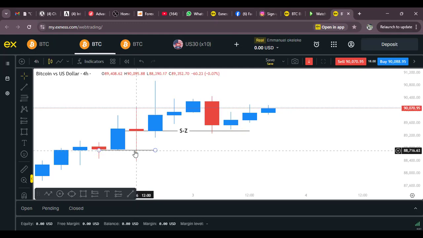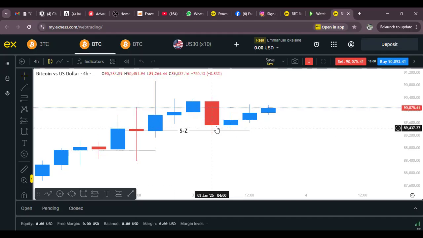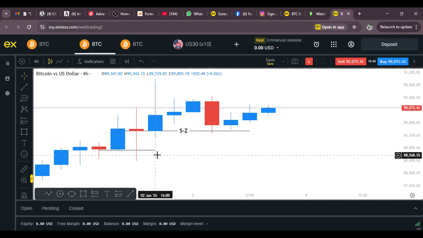Okay. So we have two zones. Then the rejection candle that closed on the first rejection closes below the second zone. That is, it closes below the one below it. Yes. Okay. So let's say that rejection candle rejects the second zone.